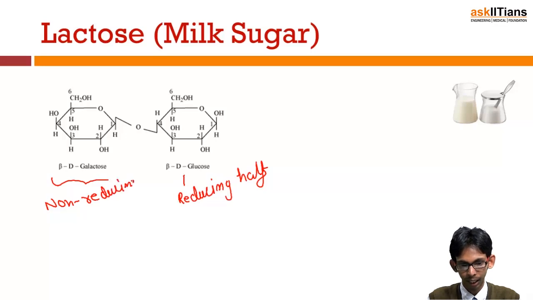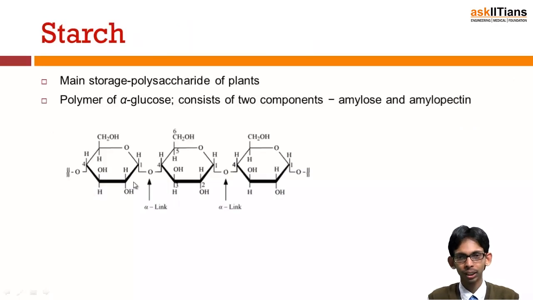So this was lactose. Now starch is a polysaccharide, the main storage polysaccharide of plants. Plants store their food in the form of starch, and it is a polymer of alpha glucose. It consists of a long chain of glucose and it is of two types. The one which is a straight chain without any branches is known as amylose.